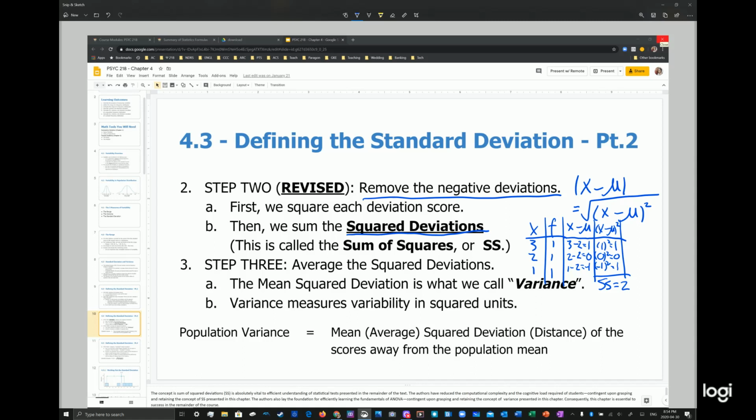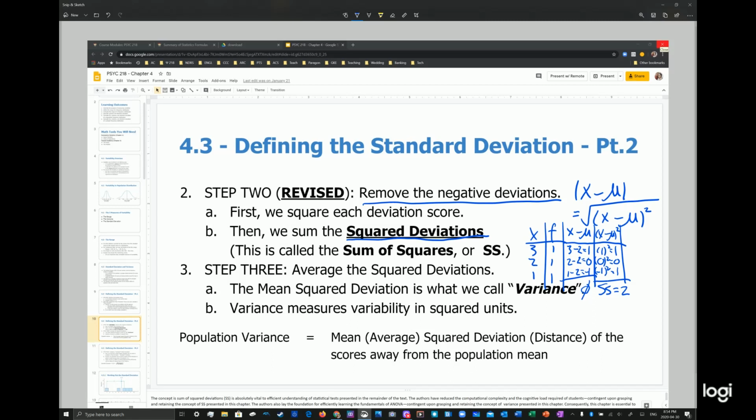Okay, so now we don't have a 0 anymore. As we know, if we just add the deviation scores, we get 0 every time, guaranteed. So now that we have a sum of squares, again, remember, we can't skip a step. We got to do our average first. We have to average the square deviations first. And that's what we call variance.